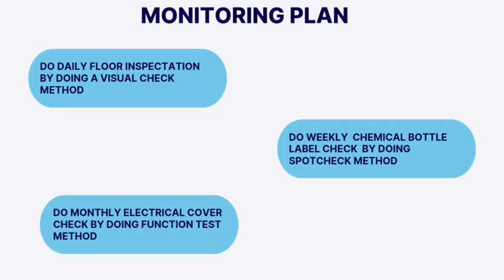Third, do a monthly electrical cover check by doing a function test method. This allows us to measure real risk reduction like fewer incidents, better SOP compliance, and safer sample handling.